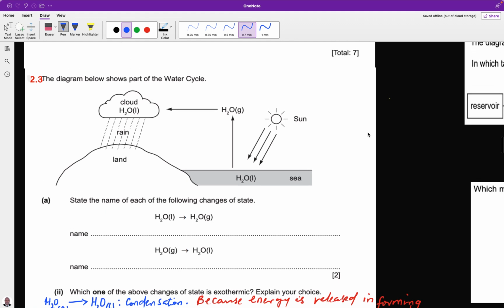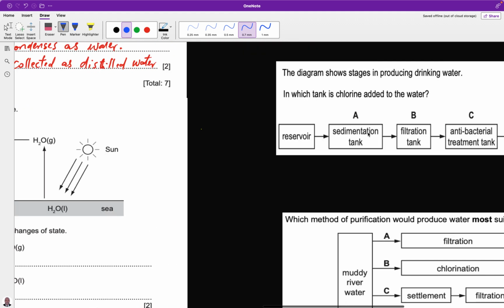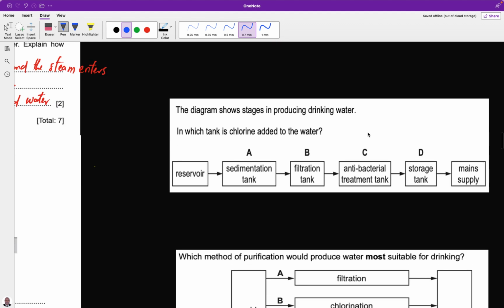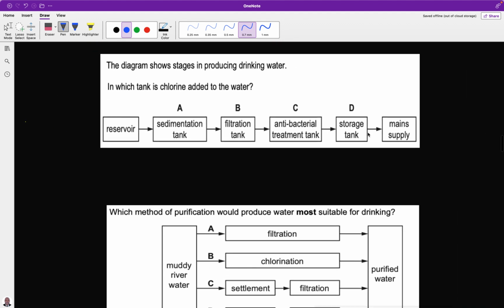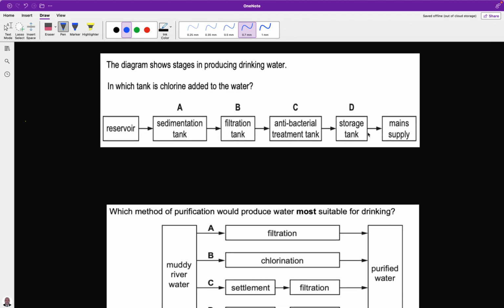Before we proceed to question 2.3, there is a similar question here. The diagram shows stages in producing drinking water. In which tank is chlorine added to the water? We have the tanks here, reservoir.